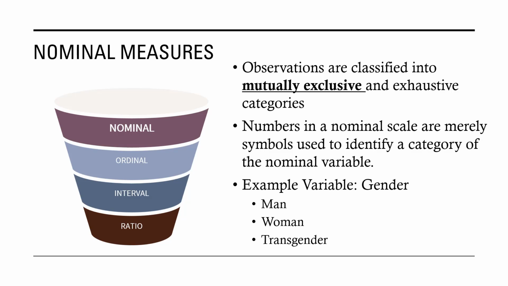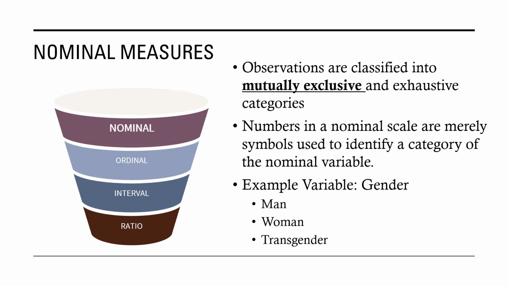Gender is an attribute or a characteristic that can differ in terms of quantity or quality. So it has these different values. And the values that we have include man, woman, and transgender. Okay, at the nominal level of measurement, which is what this variable is, man, woman, and transgender are mutually exclusive categories, and they could be considered exhaustive. Okay, so that's the nominal level of measurement.